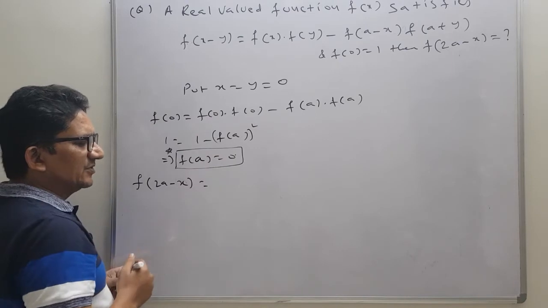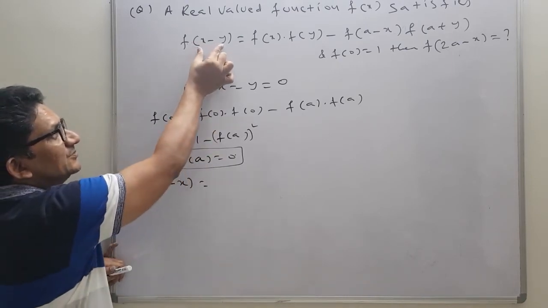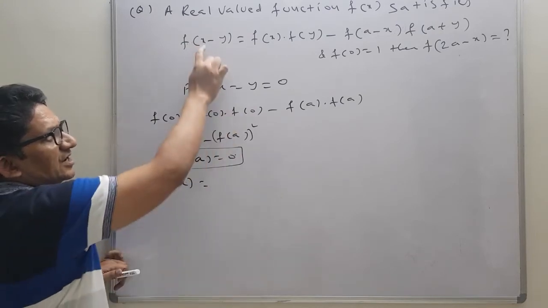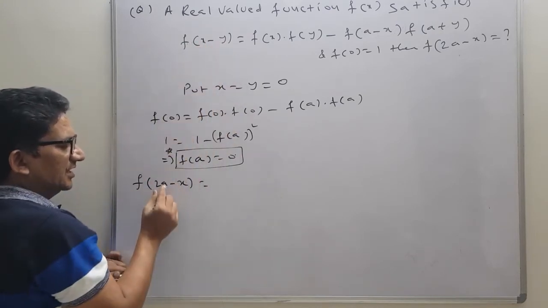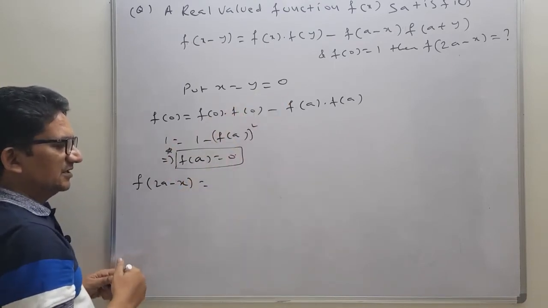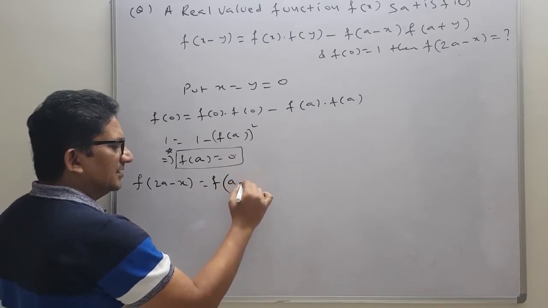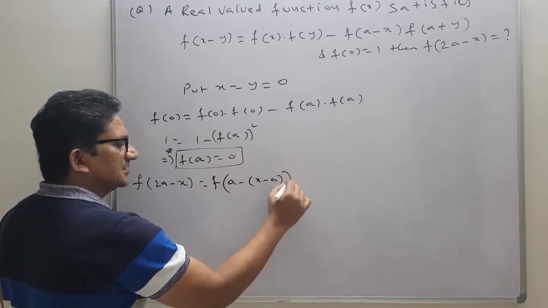So a should come out means we should be in a position to write this one as the input of your question. Here we have difference of two terms, and here we have 2a minus x, and a also we need outside. That's why the logic is here, we can write this one as a minus x minus a.